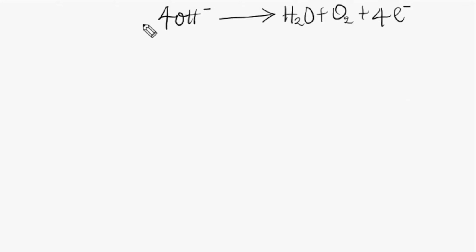All right, having this now, let's recall that Q, which is the charge, is going to be IT, where I is the current and T is the time. The current given to us in the question is 5 amperes, times the time given to us, which is 193 seconds.